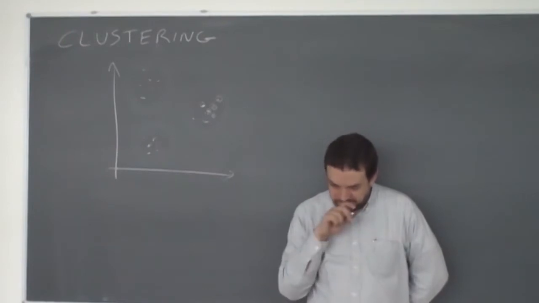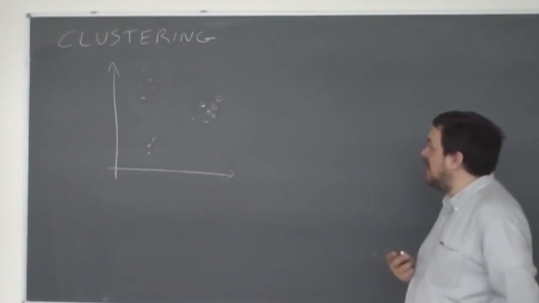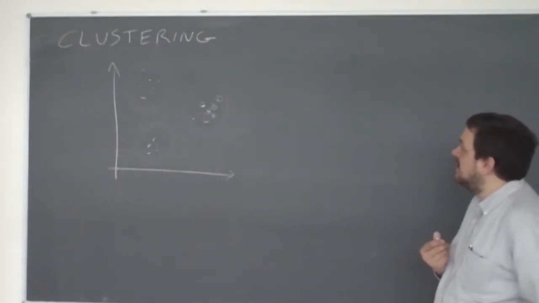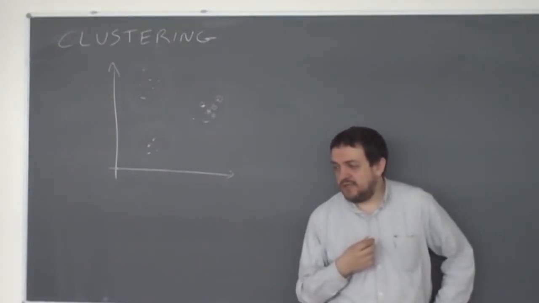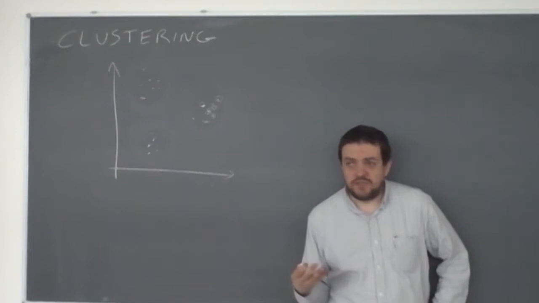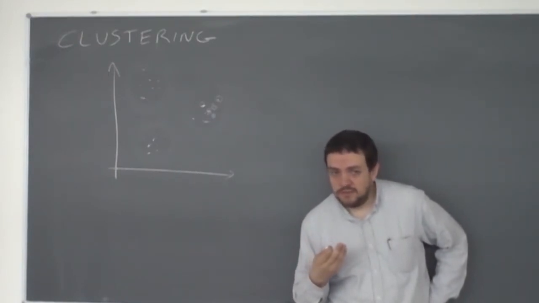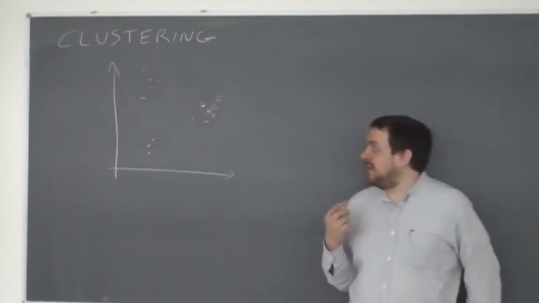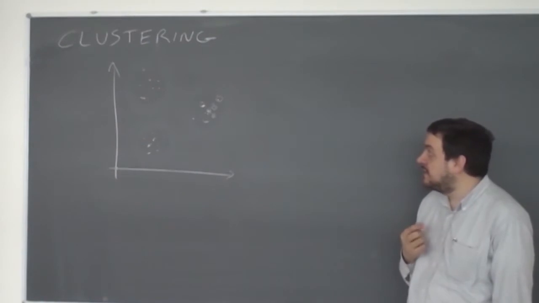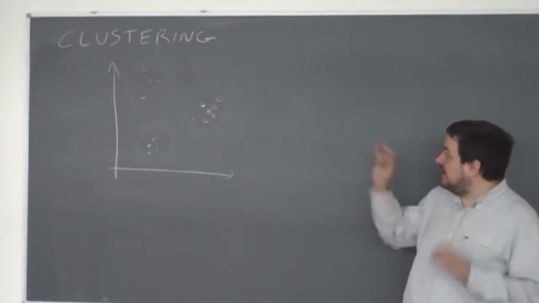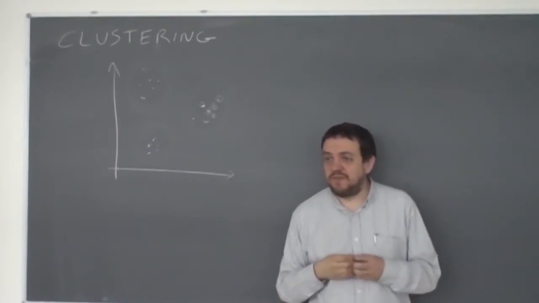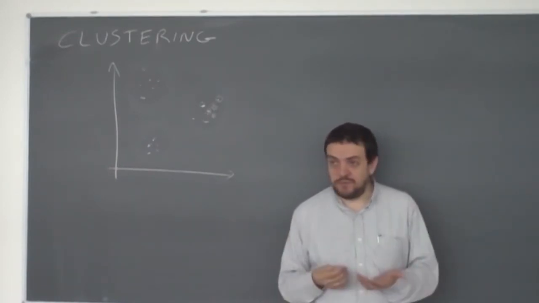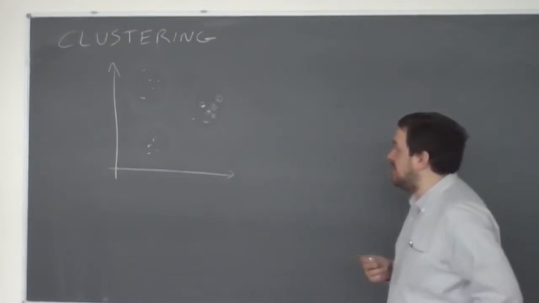And in fact, when we talk about clustering, we usually give some procedural definition of what clustering is. It's difficult to come up with a formal definition that fits every possible description, every possible situation.